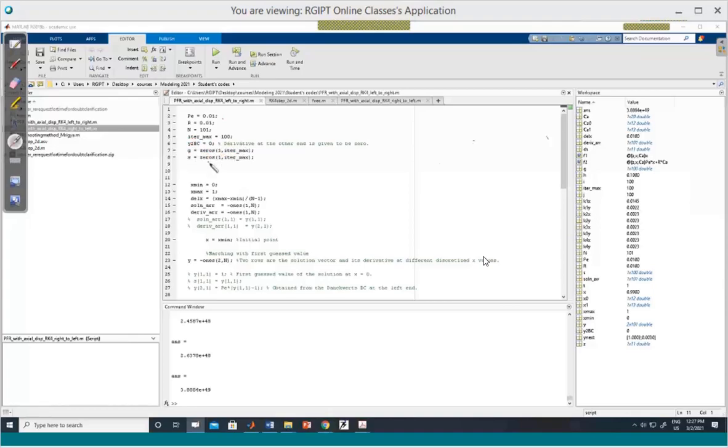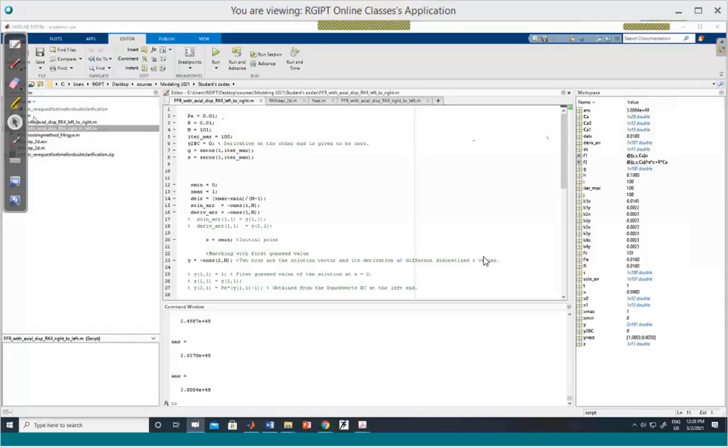We all remember what G's and S's were. Then x min is 0, x max is 1, and del x I can calculate simply by subtracting and dividing by the total number of sections, which is n minus 1. N is the total number of nodes. Solution array, derivative array, we'll come to that. Don't worry about this right now.